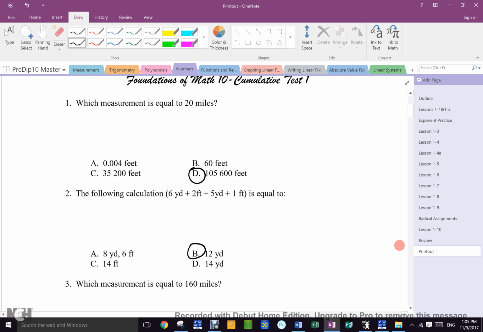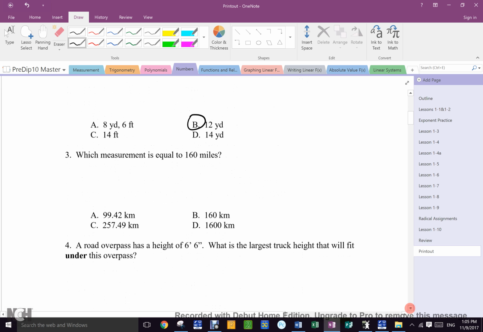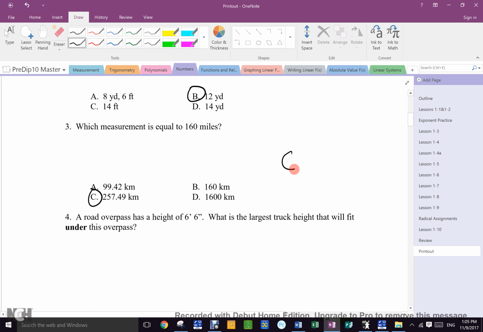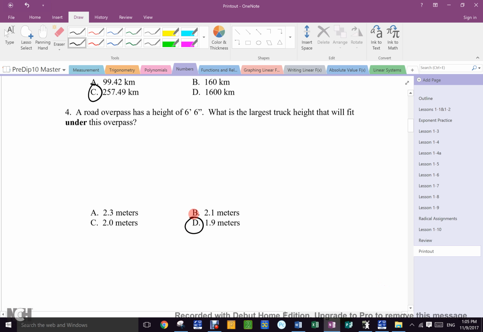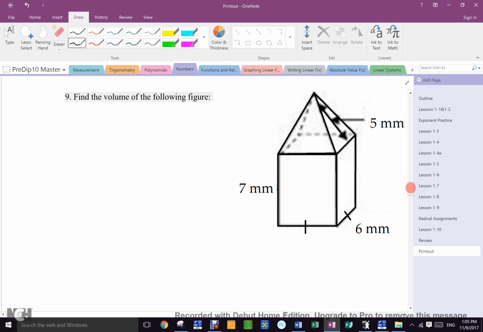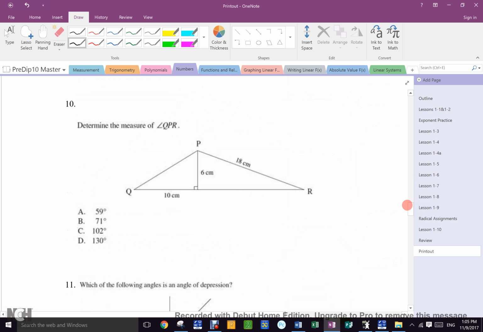Okay. D. B. C. D. Give a mark out of 4. Turn over two or three pages till you get to the trig.